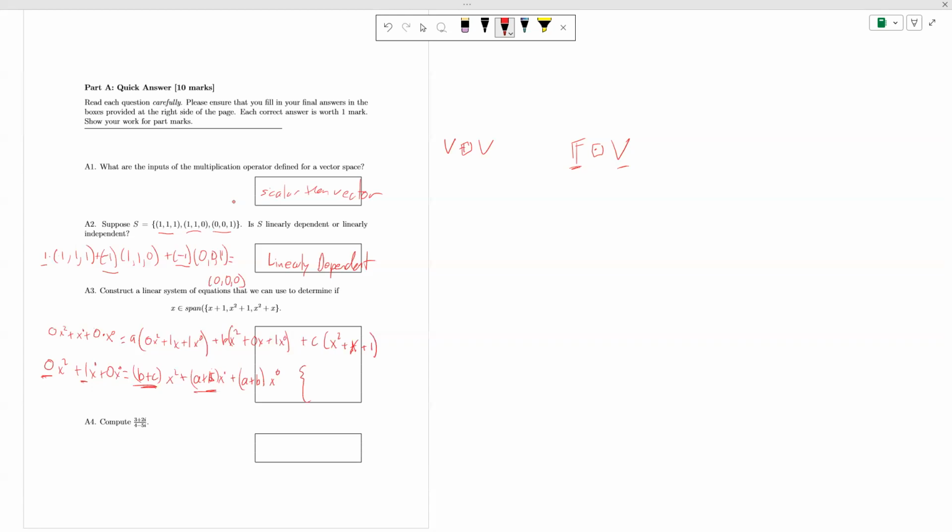So here we have b plus c equals 0, a plus b equals 1, and a plus c equals 1, and a plus b equals 0. And there's our system of equations.